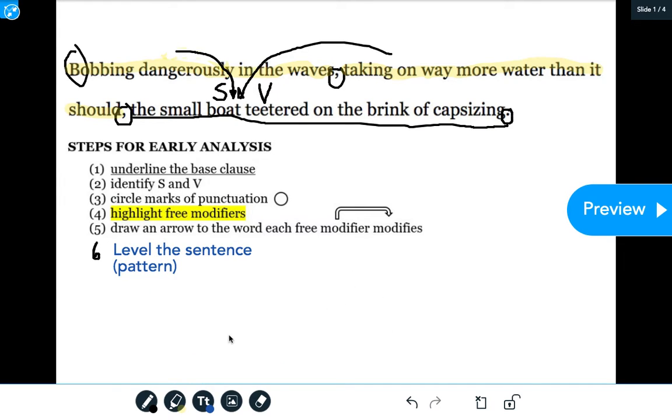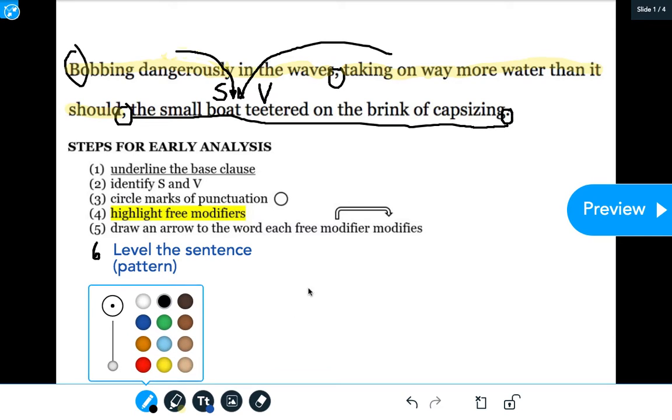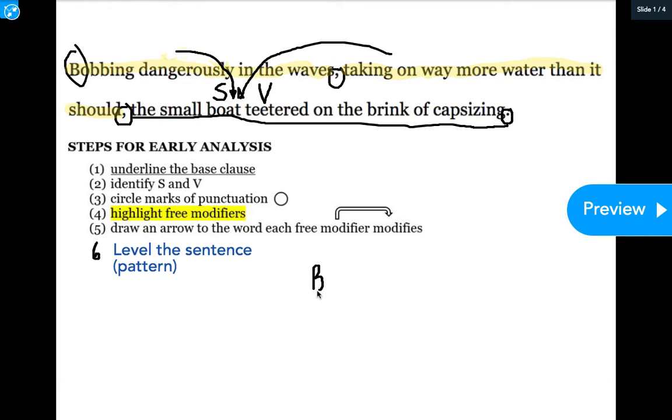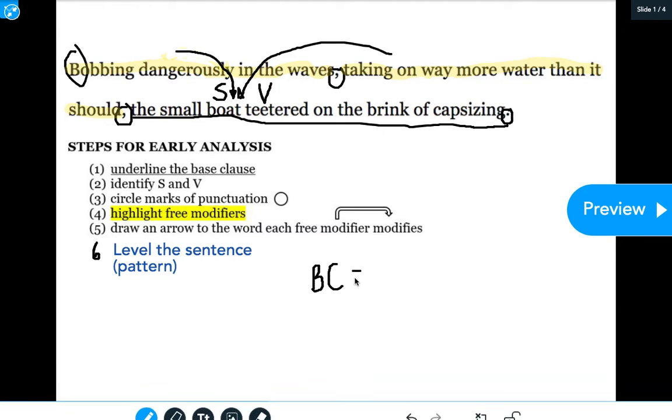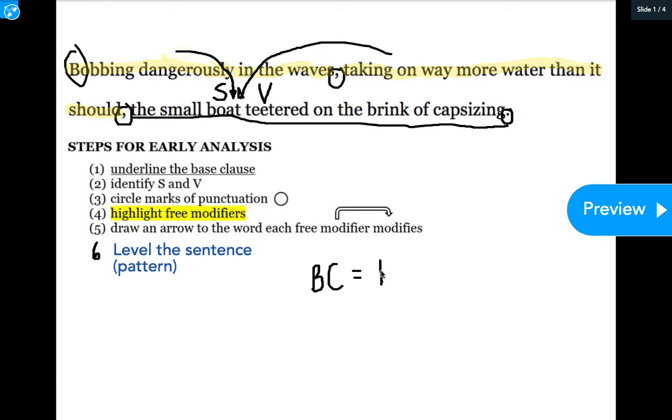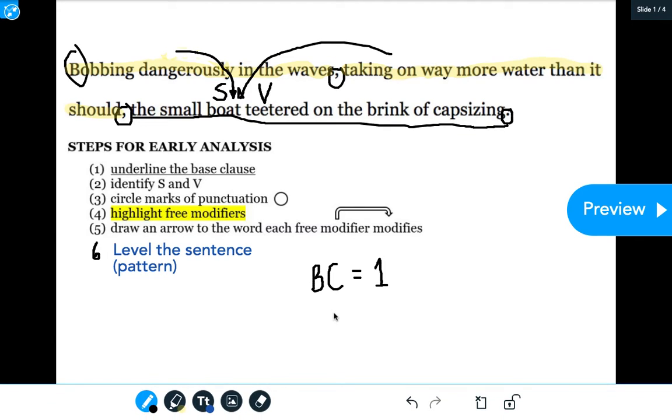So you should know that the base clause, which is the heart of any sentence, it's got the subject in it, it's got the verb in it, it's a complete sentence all on its own. It's always going to be assigned the number 1. So if you see a base clause in a sentence that you're analyzing, and eventually you get to this idea of leveling or figuring out the pattern for the sentence, the base clause is going to be a level 1.